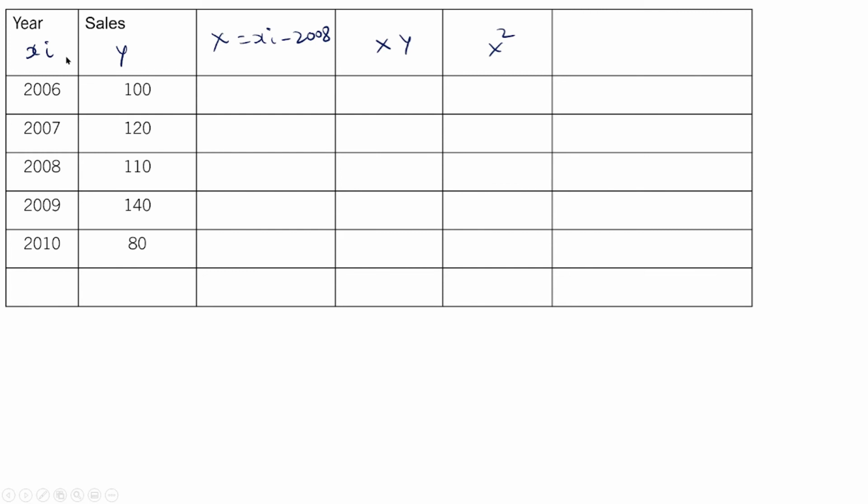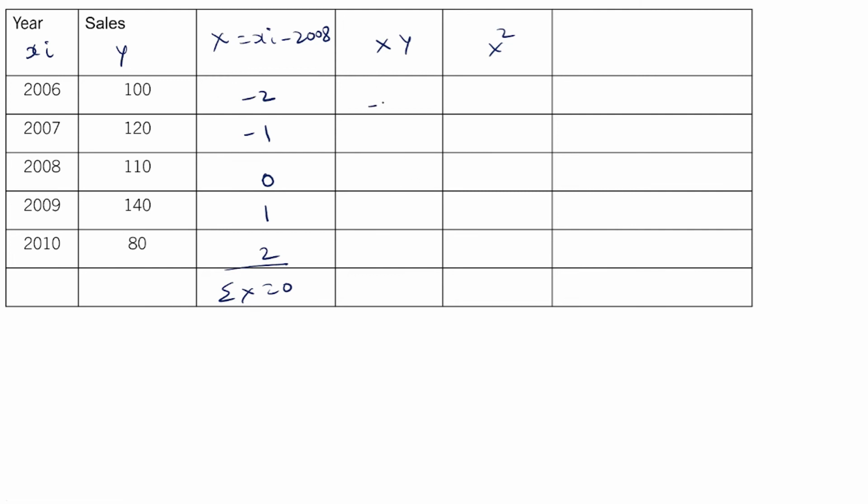So here for 2006, the value of this capital X will be 2006 minus 2008, negative 2. Then for 2007, it is negative 1, 2008 is 0, 2009 is 1, 2010 is 2. So that we have summation x as 0. Now let us find xy. Xy is this y into this x.